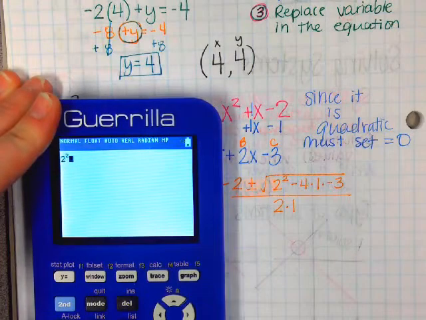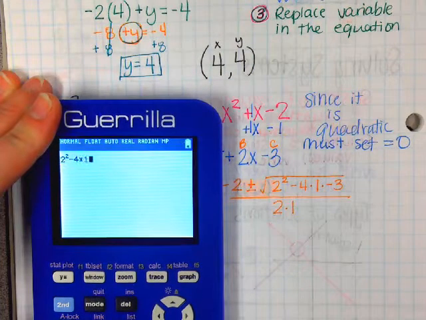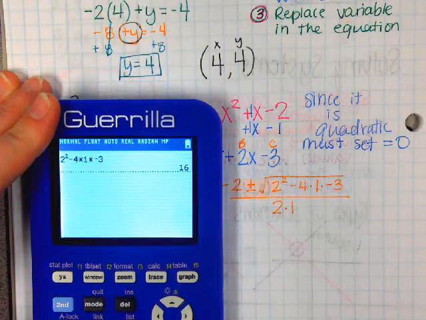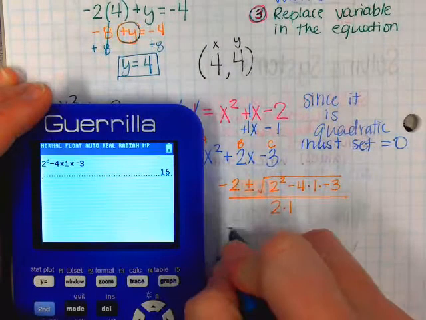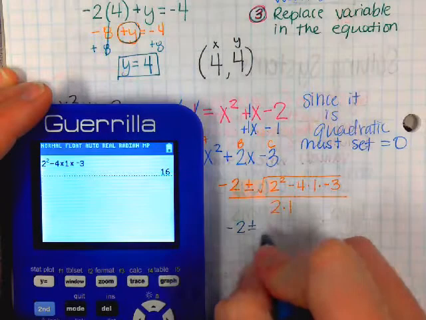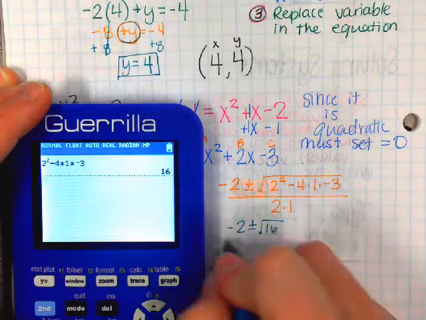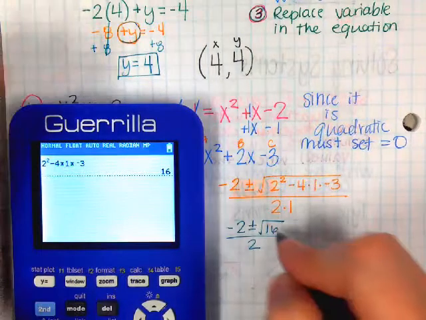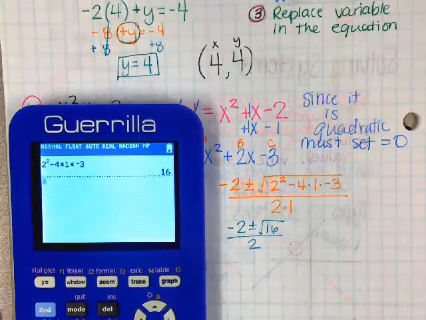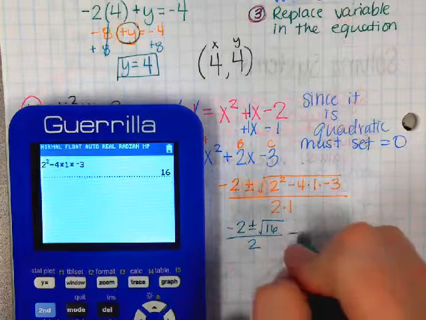Okay, and then I'm going to type in what's in the square root first, so 2 squared minus 4 times 1 times negative 3, which is 16. So it would be negative 2 plus and minus the square root of 16 divided by 2.